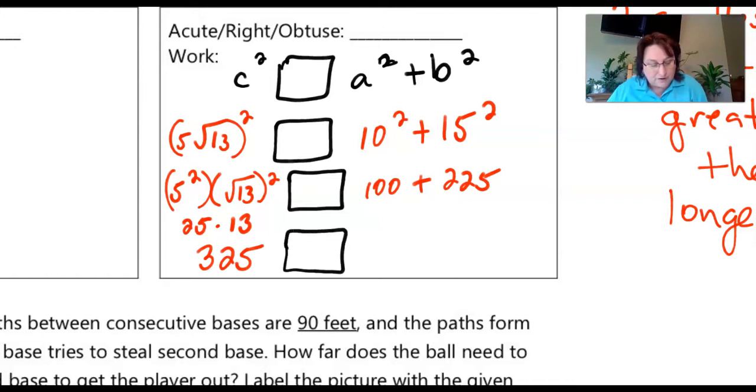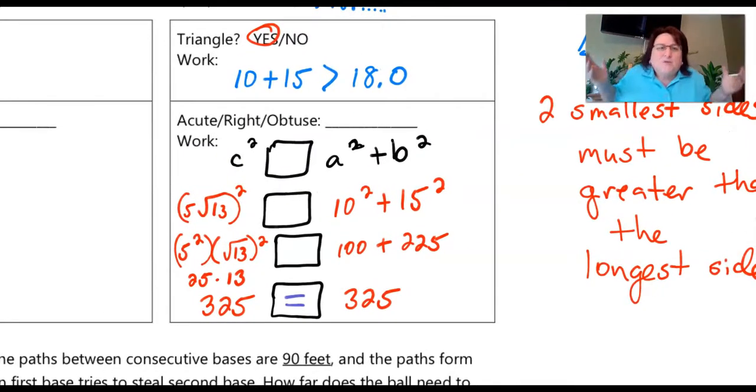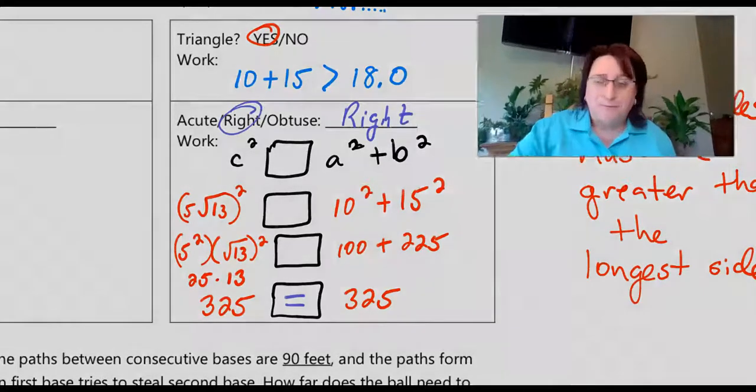So 325 greater than, less than, or equal to 325. Holy cow, it's equal to. So if it's equal to, what kind of triangle do we have? Hopefully you said, Miss Smith, if it is equal to, that means we have a right triangle. Notice we used the converse of the Pythagorean theorem, and I worked out one for you that had these radicals in there to help you out.